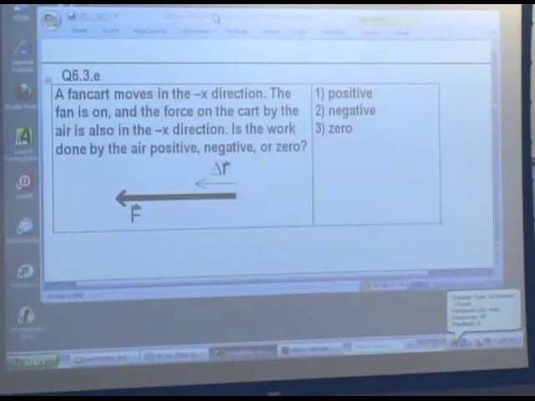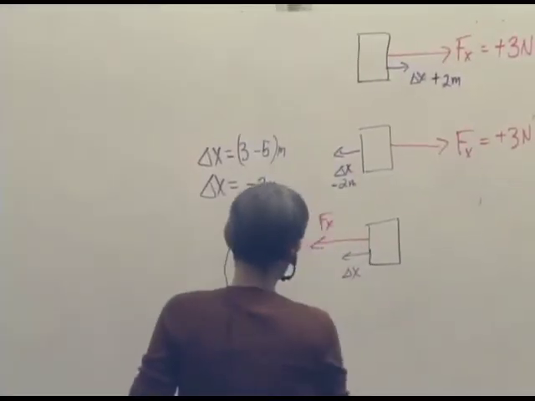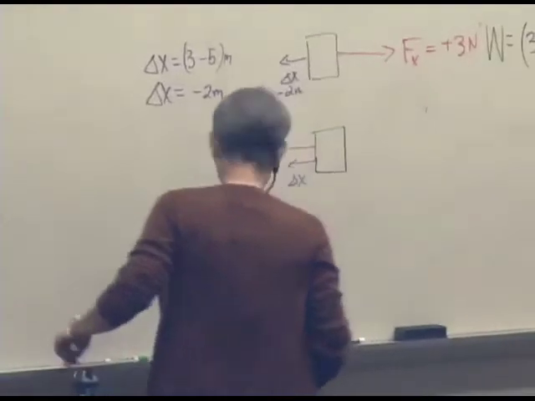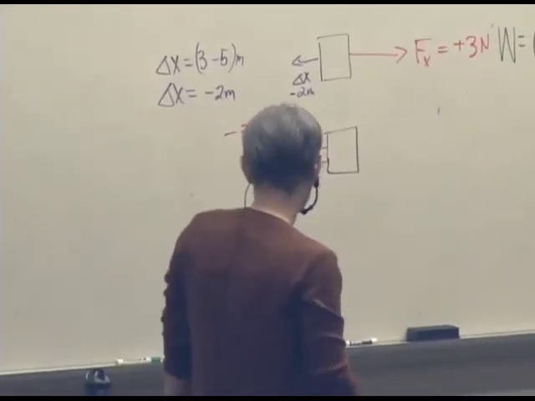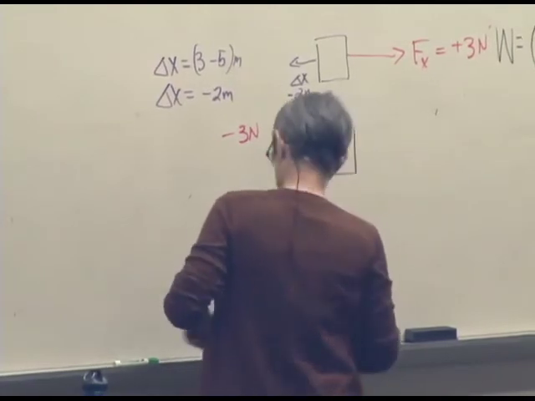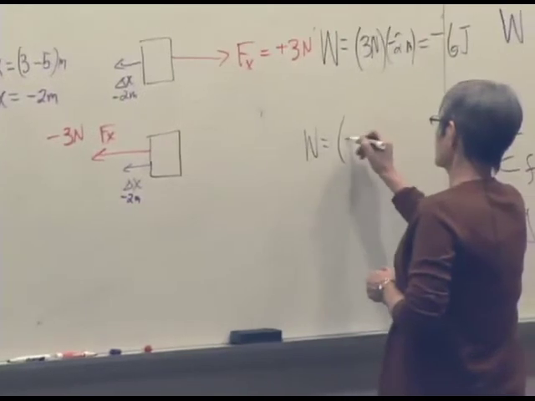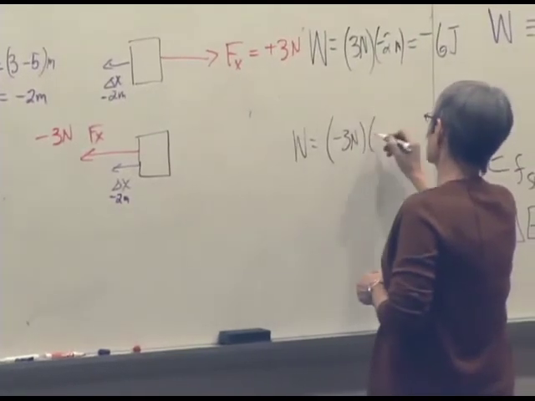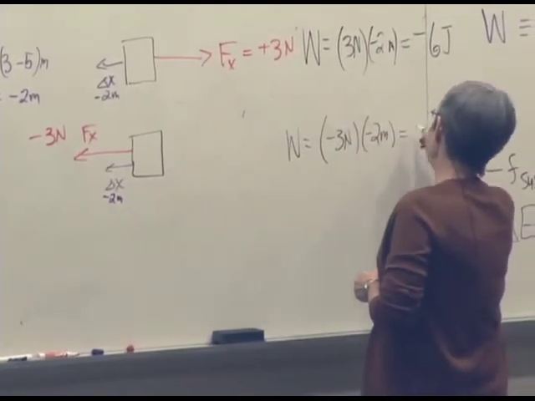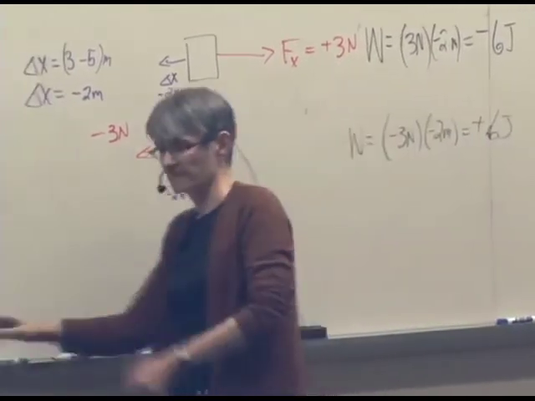Most people say that it is positive, so let's try some numbers. This would be negative 3 newtons. And this would be a negative 2 meters. So we have work is negative 3 newtons times negative 2 meters, and it is indeed plus 6 joules. So positive is right.